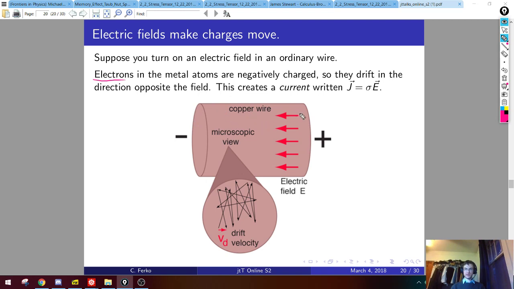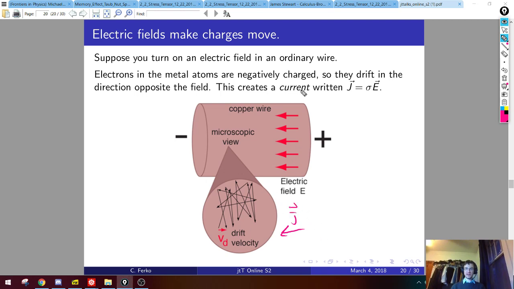If the electric field is pointing to the left in this picture, the electrons are going to move in a fairly random direction, but with some net drift to the right. These electrons are all bouncing around in some sort of random walk, but this random walk has some bias, so that on average they are moving a little bit to the right. So as Takumi pointed out, if the electrons, which are negatively charged, are moving a bit to the right, then on average we have a current J pointing to the left.